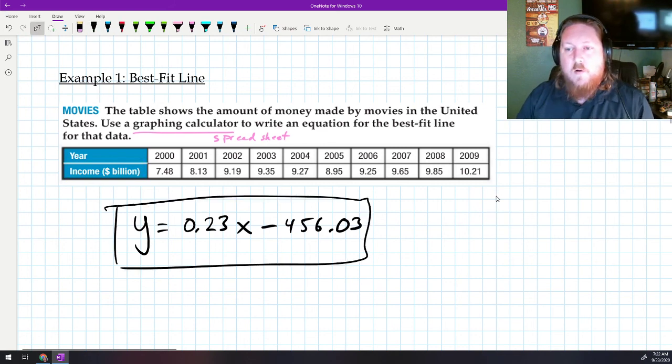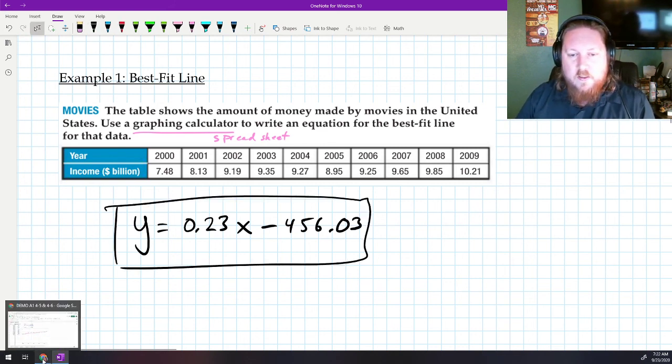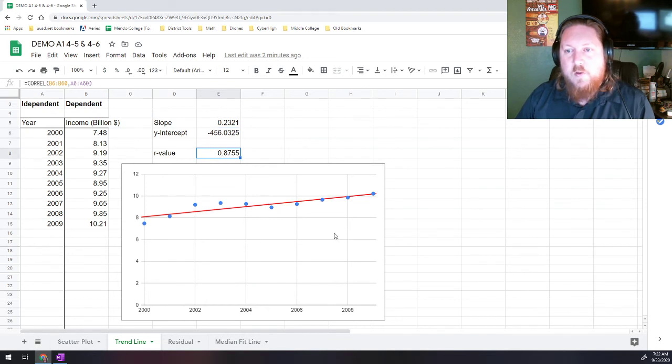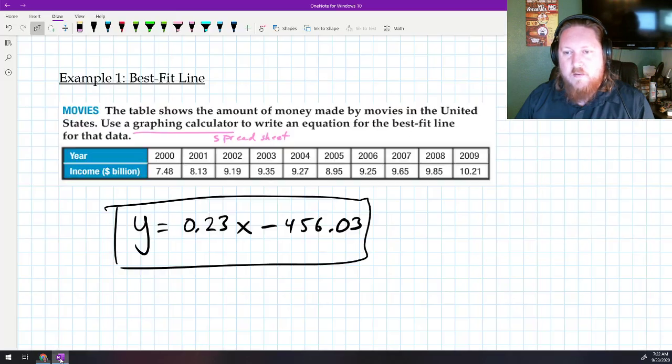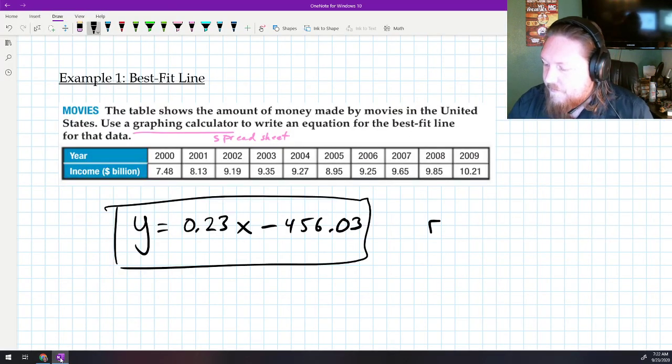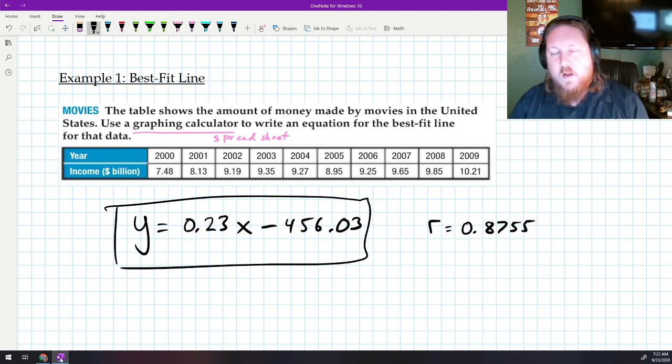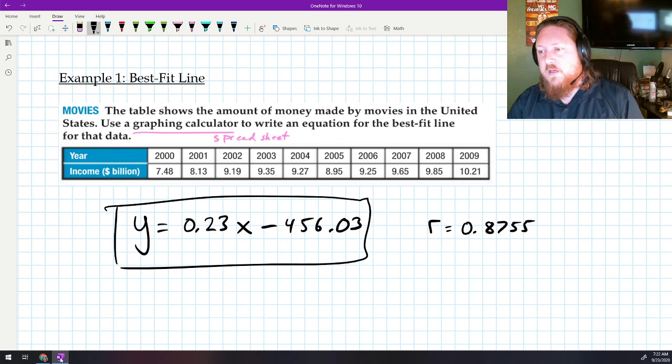I'm done. Now, if I take a look here, my R value is 0.8755. I'm just going to write that down on the side. I don't know if the questions are going to ask you for this, but because this is close to positive 1, I know it's a positive correlation.